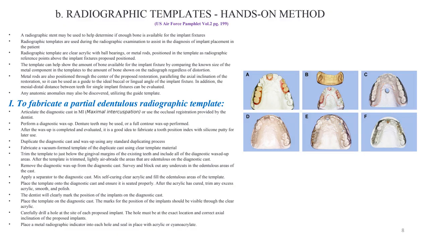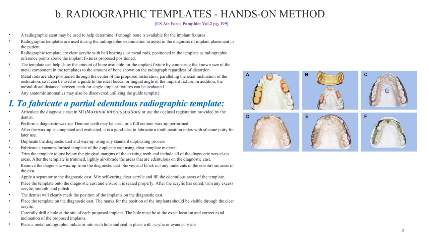So, according to the Air Force manual, the fabrication of the radiographic stent using the hands-on method goes like this. The stent is made to determine if there is enough bone available where the doctor would like to place the implant. Radiographic templates are used in the radiographic examination or the scanning.